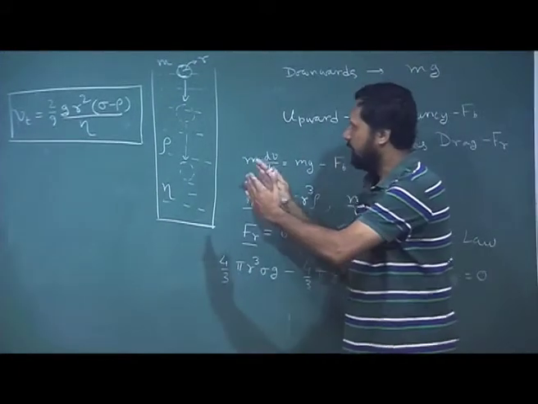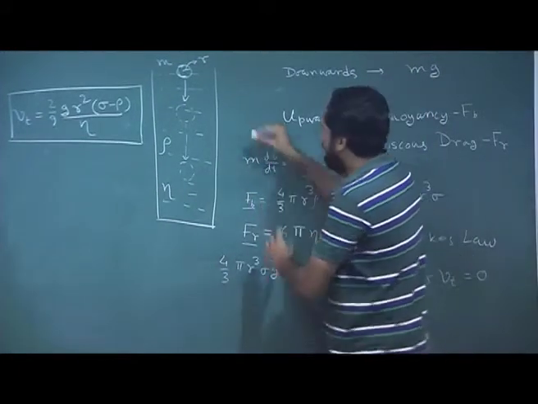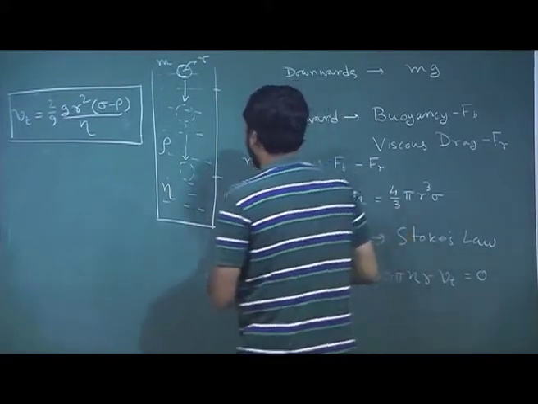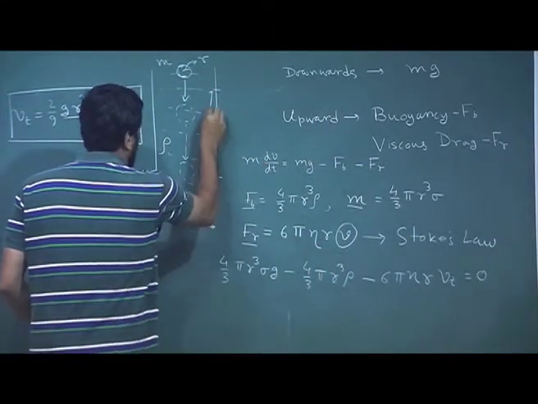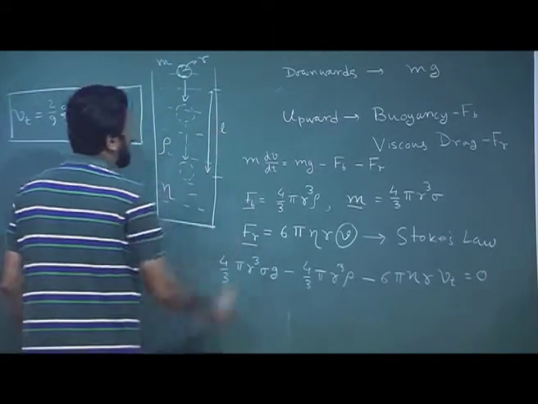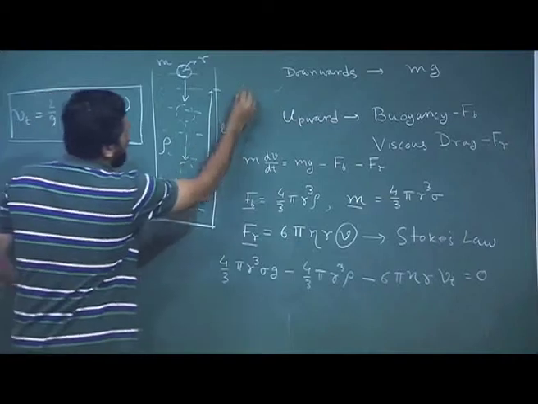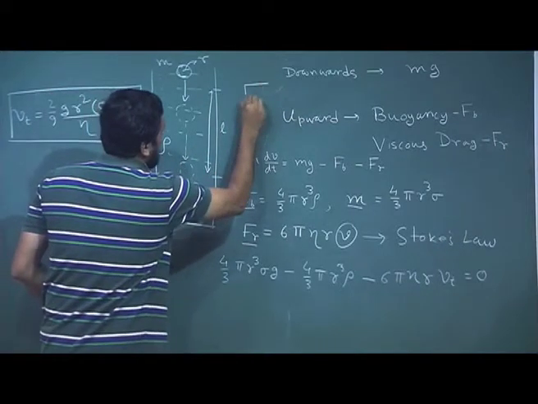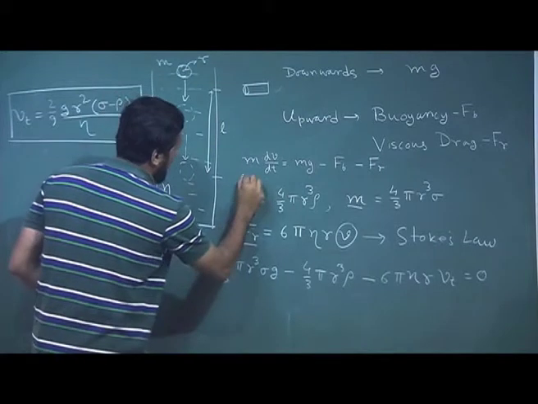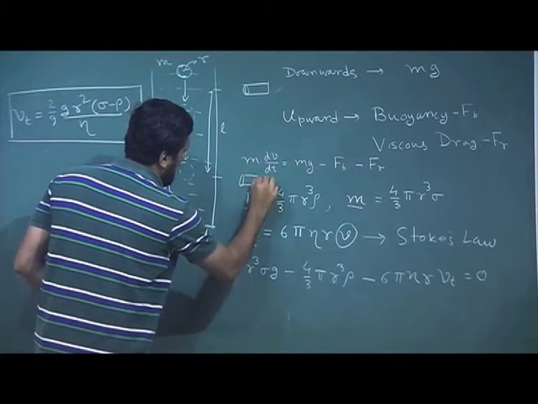In reality there will be a marking on this tube, which is separated by a distance L. Now, there will be one camera here and one camera here.